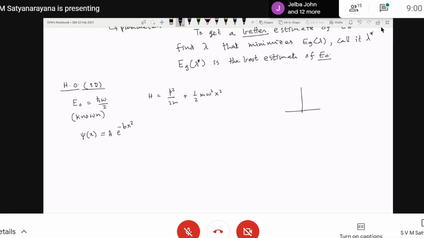For example, we know that if you have a potential like this, let's say this is V of x versus x, classically, if you have some kind of a marble, it will be stable at x equal to 0, and if you displace it and increase the energy, it will try to come back to that point.